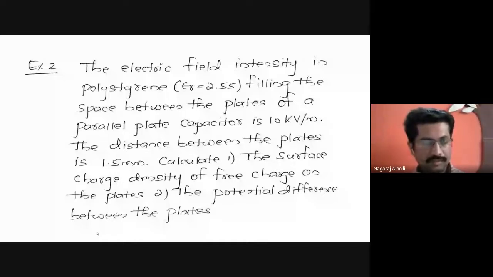First, read the question. Try to understand the question first. That is very important. And then write the given data and then go on solving the numerical with the available equations. That is how you will have to proceed.